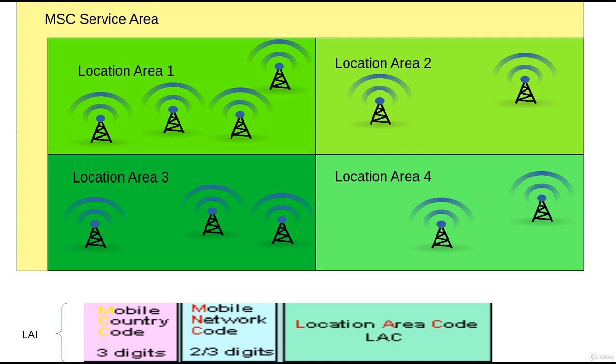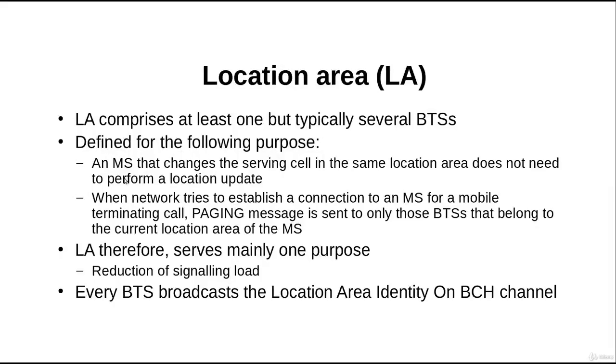So what you do is add the fields of mobile network code and mobile country code to the location area code, and with the addition of these two fields it is now called the location area identifier, and the location area becomes unique globally thanks to the location area identifier.